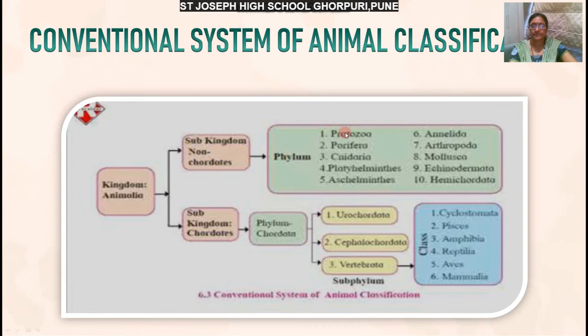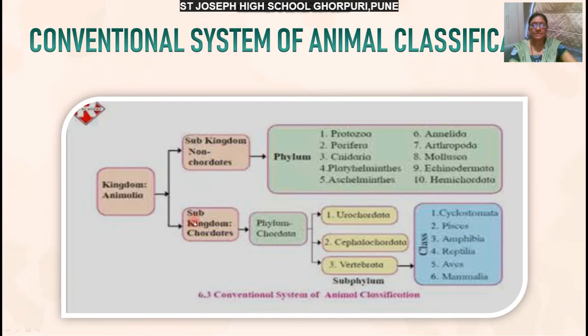They are first Protozoa, second Porifera, third Cnidaria, fourth Platyhelminthes, fifth Aschelminthes, sixth Annelida, seventh Arthropoda, eighth Mollusca, ninth Echinodermata, 10th Hemichordata. So these 10 phyla come under the subkingdom non-chordates.